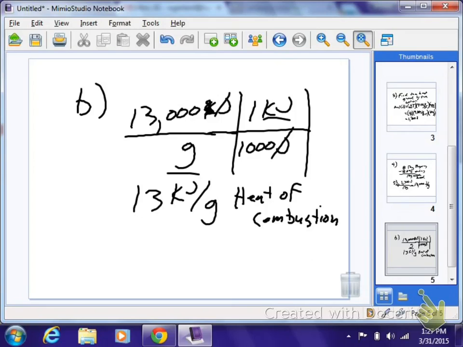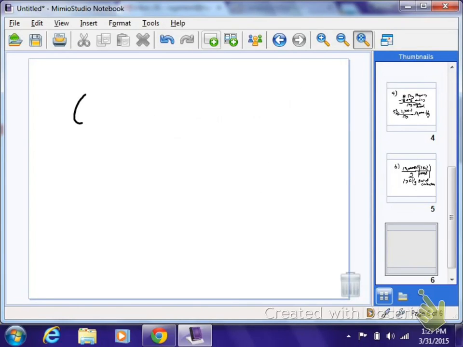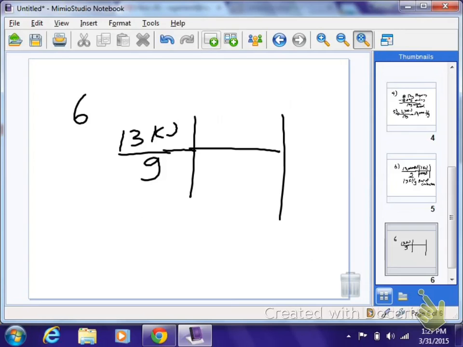Again, this is review of what we did yesterday, just to make sure that we're still on task, knowing how to do these types of problems. Then on 6, you're going to take that 13 kilojoules per gram. If you remember, our candle had a molecular mass of C25H52.